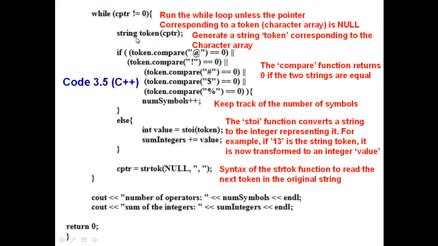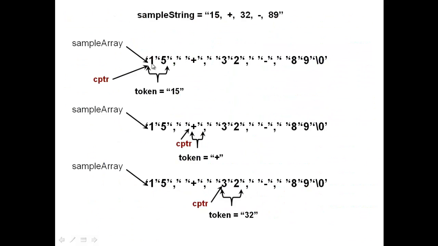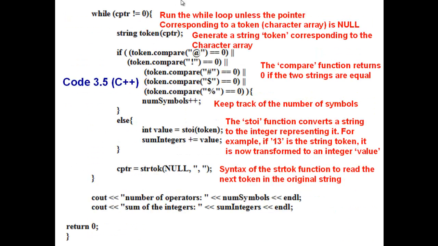Again, string is the class name, token is the object name, and I pass cptr as the argument. cptr is pointing to the first character in that string. When you do that, the set of characters starting from the character where cptr is pointing all the way to the character before the delimiter will be extracted out of the string and created as another string named token.